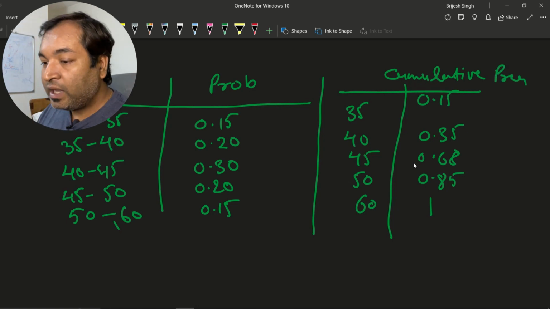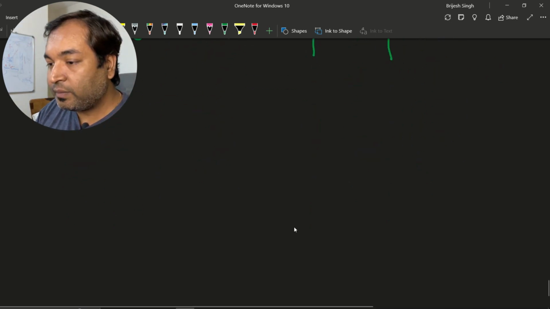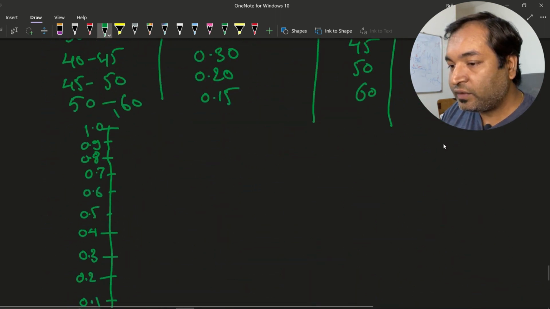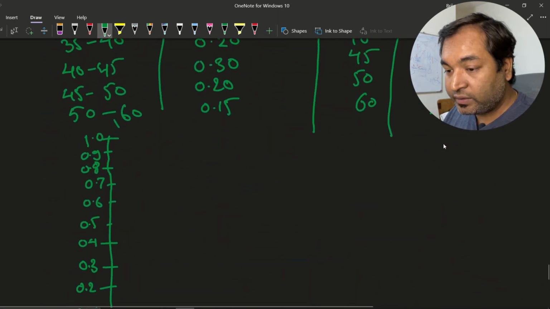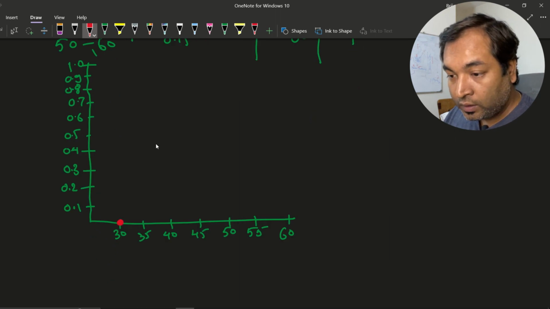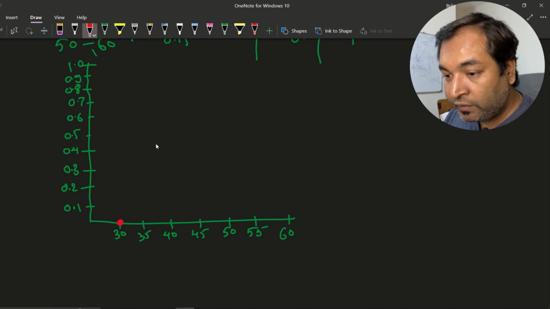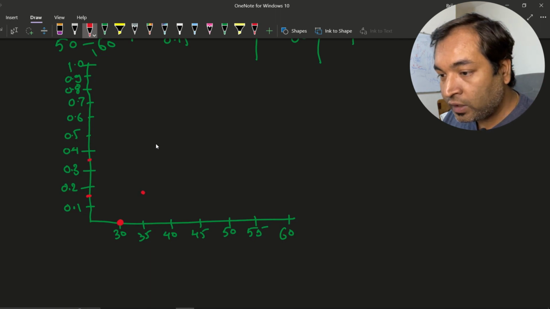If we draw these tables into a graph, you can see here, up to 35 we have 0.15, right? And for 40 we have 0.35, which will come here.